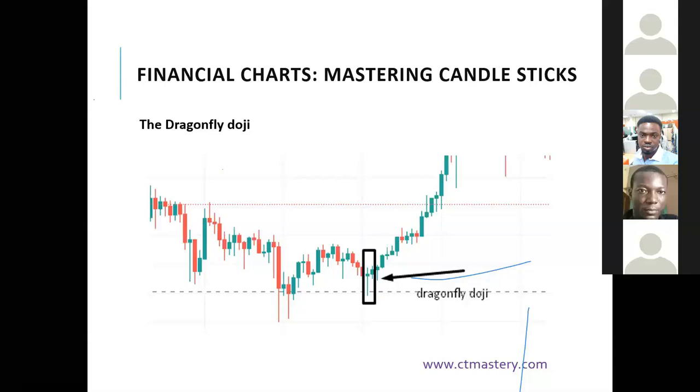The financial chart concepts are applicable to all markets. Forex, crypto, anything tradable that you can chart. Okay, thank you. All right.